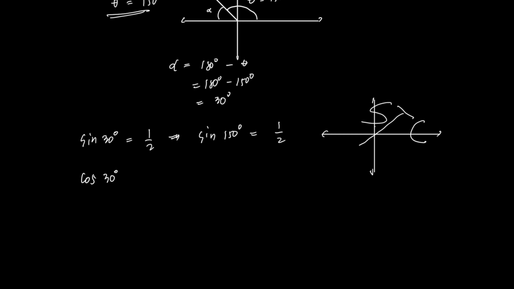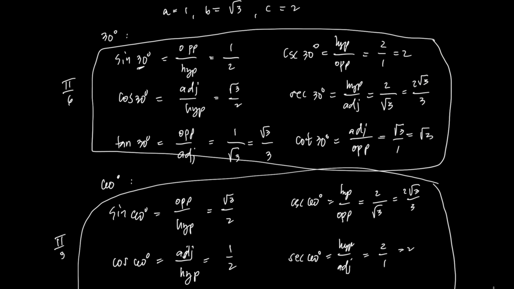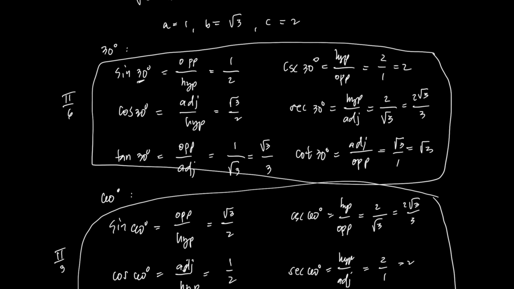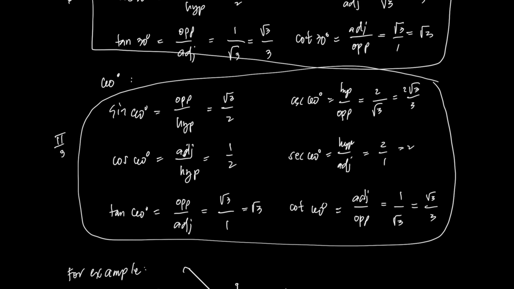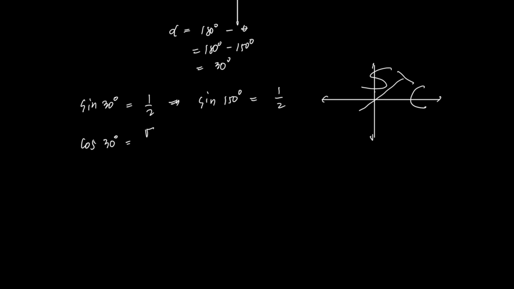Next is cos 30 degrees. What is cos 30 degrees again? From here, cosine 30 degrees is square root of 3 over 2. So therefore, this cosine 150 degrees here is square root of 3 over 2. But what is the sign of cosine in the second quadrant? It's negative.